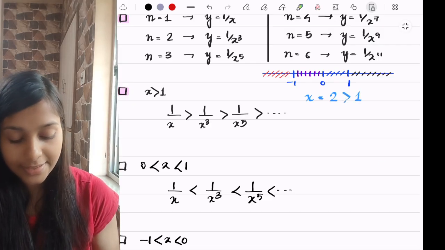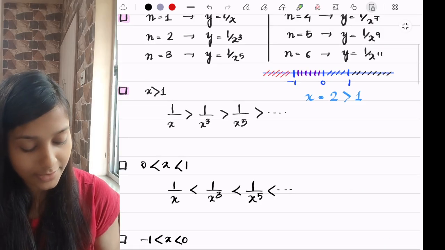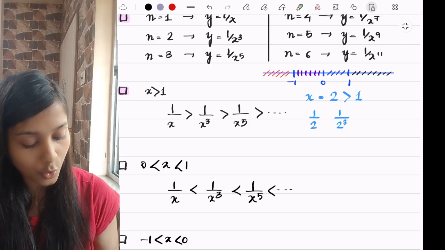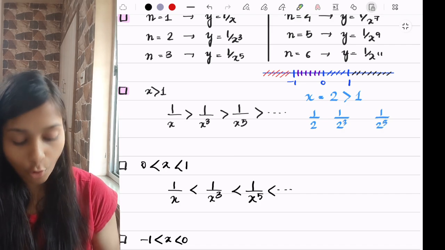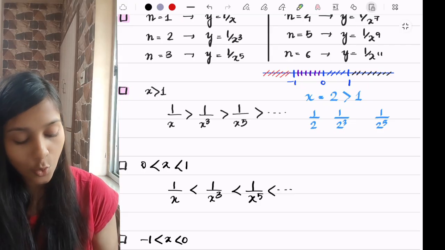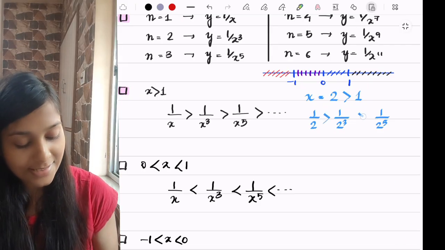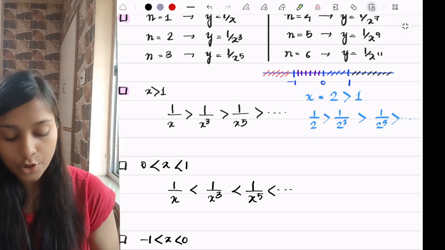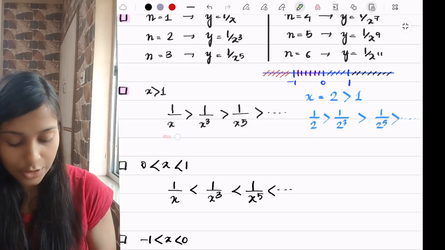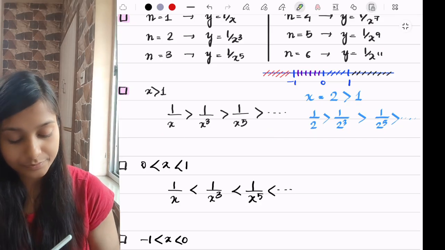If we take the reciprocal here, we will get 1 by 2, 1 by 2 cube, 1 by 2 power 5 and so on. Obviously we know that 1 by 2 is greater than 1 by 2 cube, and it is again greater than 1 by 2 power 5 and so on. So this inequality is true here.